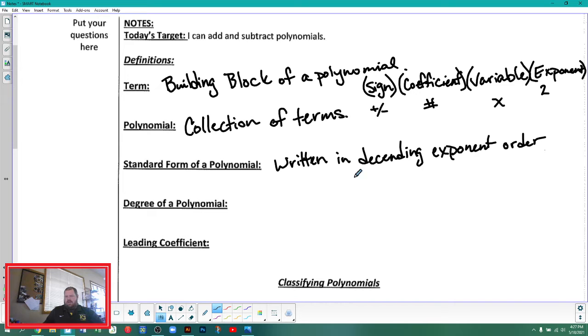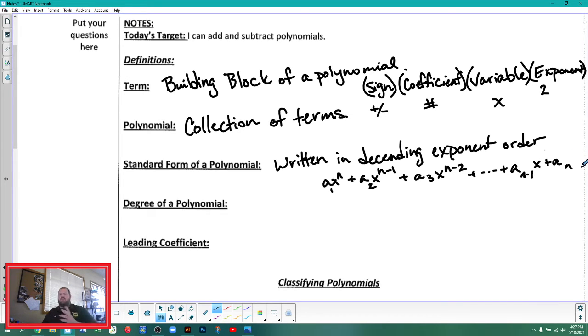A common way to write it, using a's for coefficients, is a1 x to the n, plus a2 x to the n minus 1 power, plus a3 x to the n minus 2 power, all the way until you have a sub n minus 1 times x, plus a sub n with no x on it.